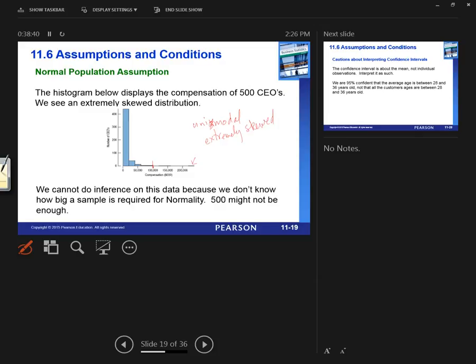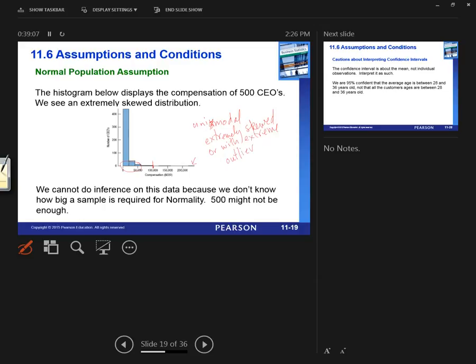I would call this extremely skewed because almost all of my observations were in these 3 bars. So I have to go several bars out to get to the maximum. There's a lot of things way away from the bulk of the data. So that would be extremely skewed. We might even say it's extremely skewed, or that it has extreme outliers. Either one.